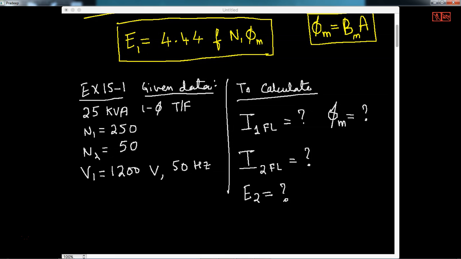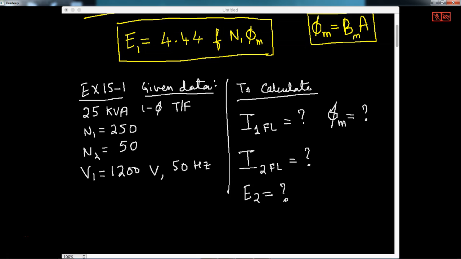Let's verify the answers. Already, if you can see in your chat window, JNTU KUCEV, they have given the answer I1, I2, E2, and maximum flux. So let's look at it and confirm the answers.